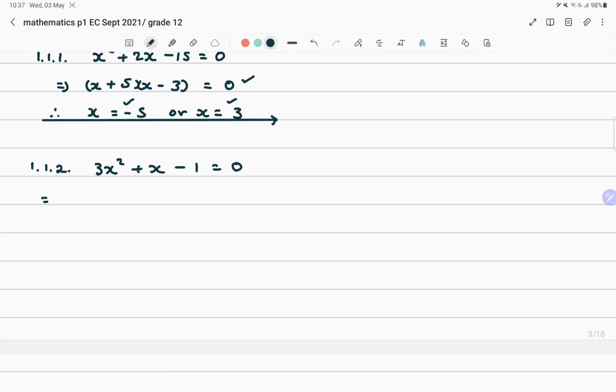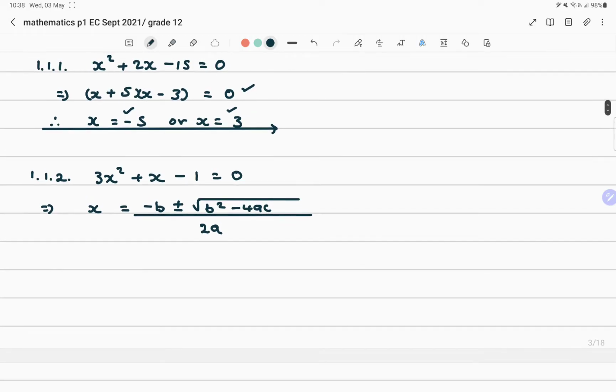So this implies, now we know we're going to use the general quadratic formula here. x is equal to minus b plus or minus the square root of b squared minus 4ac, all over 2a. All right. So that is the story.